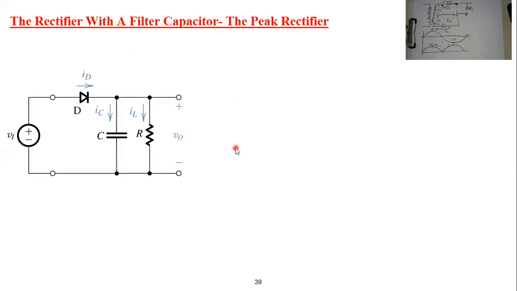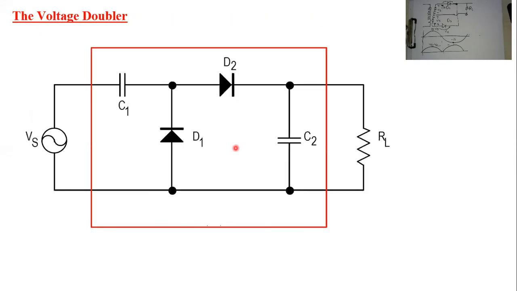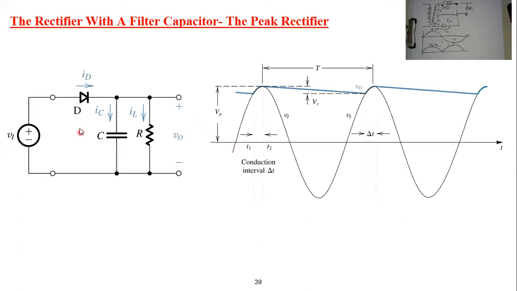Okay, here let's see what will happen between the input and output. Whenever you have a positive half cycle, then this diode is forward biased. And whenever this diode is forward biased, that means the current is flowing here and going inside the capacitor to charge it. So the capacitor is going to be charged till you reach a maximum, and then you start to decrease.